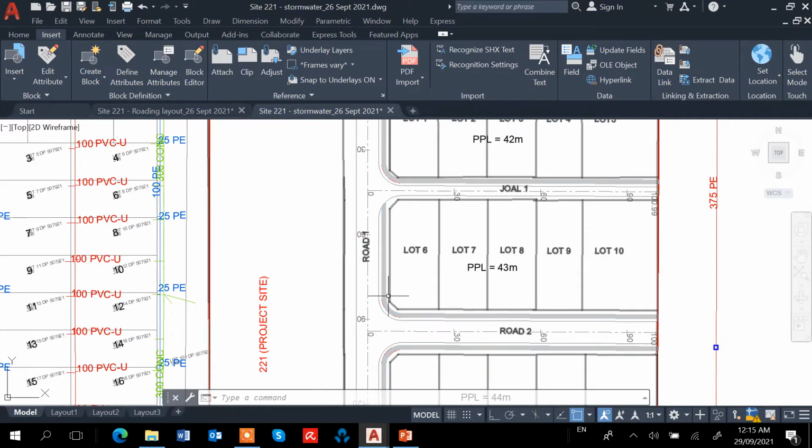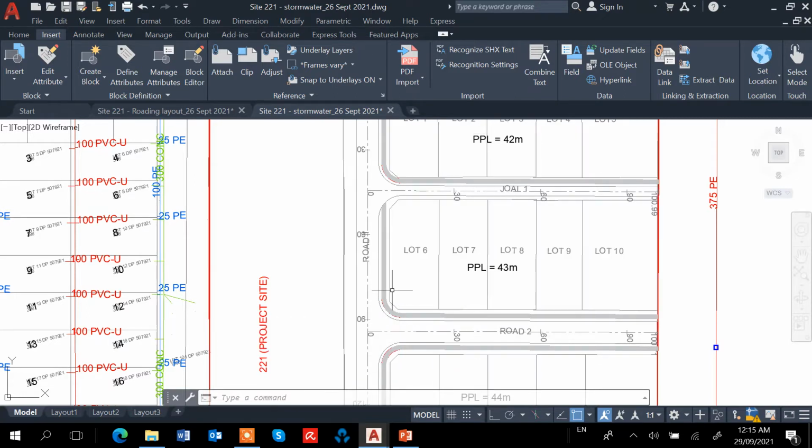1.61%, it will become actually 100 divided by 1.61, which gives us 62. So 1 in 62. That means one vertical and 62 horizontal.